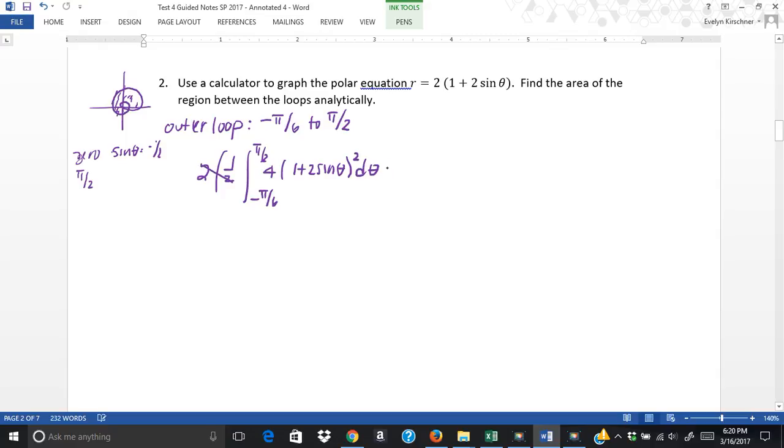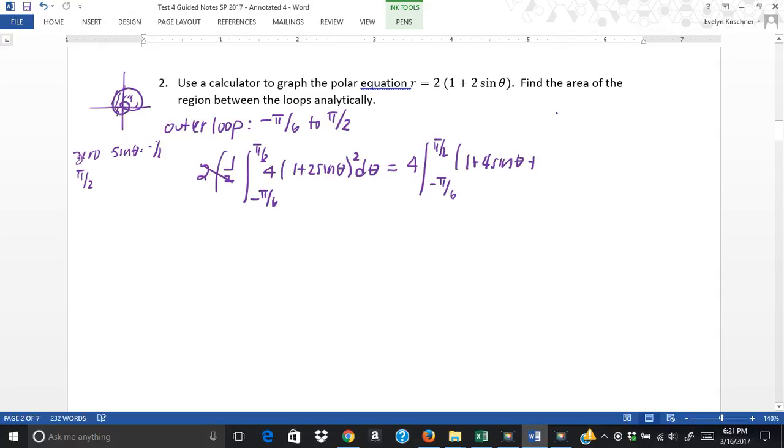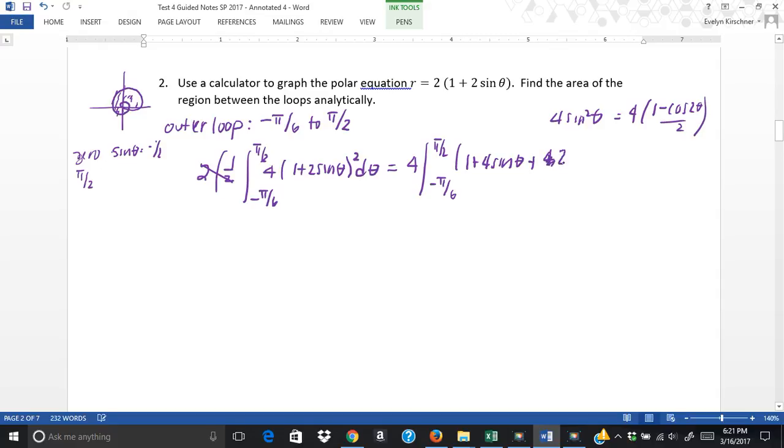These go away. I have 4 on the outside. And I have 1 plus 4 sine theta plus 4 sine squared theta, which is 4 times (1 minus cosine 2 theta) over 2, or 2 minus 2 cosine 2 theta, d theta.